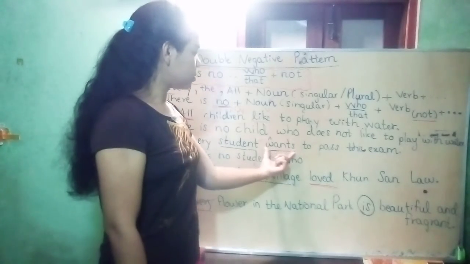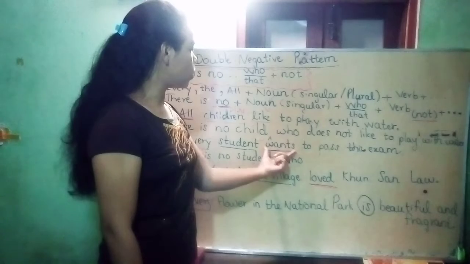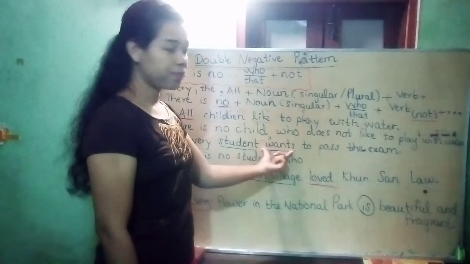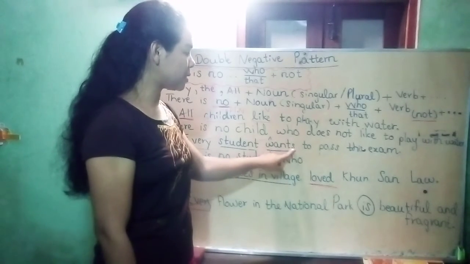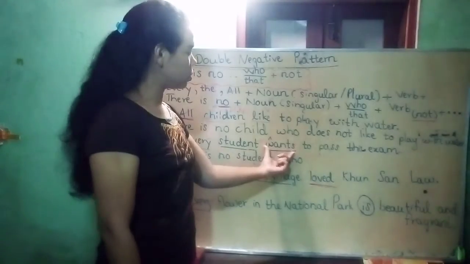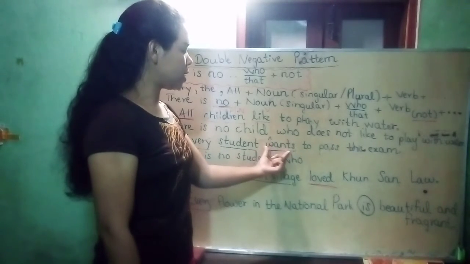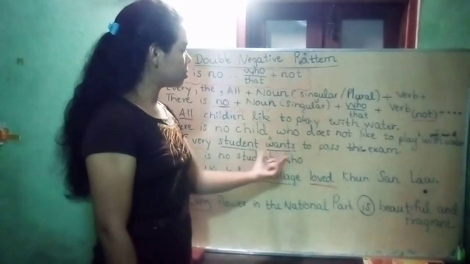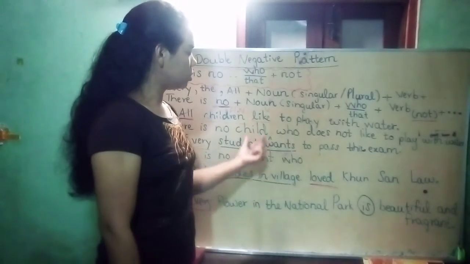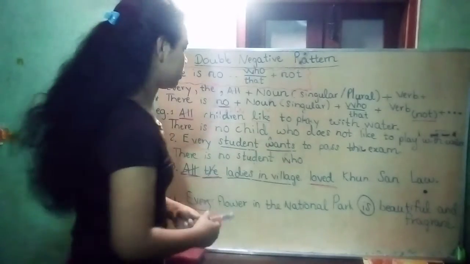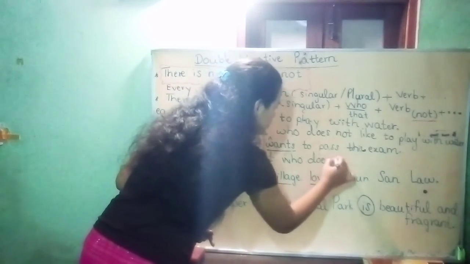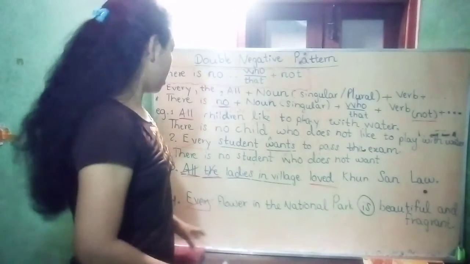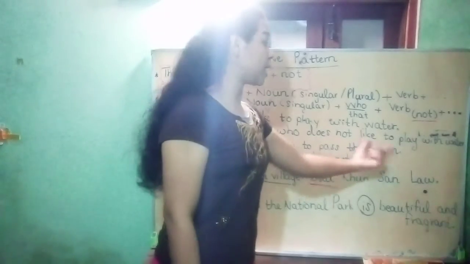In this sentence, the verb is wants. Wants is present tense form, and there is s at the end of the word. So it is the singular verb form. So you need to change it to does not want. And then the other remaining words are to pass this exam.